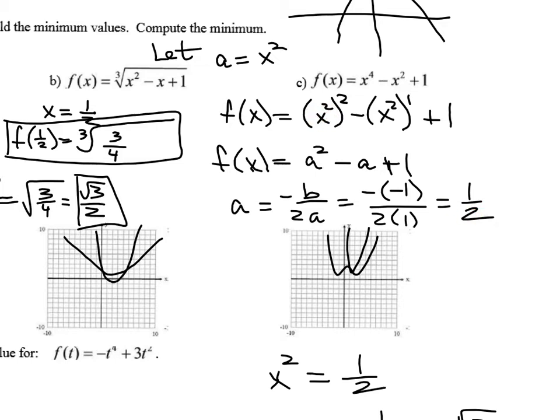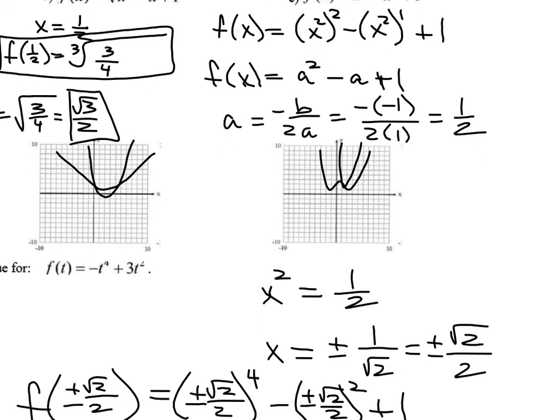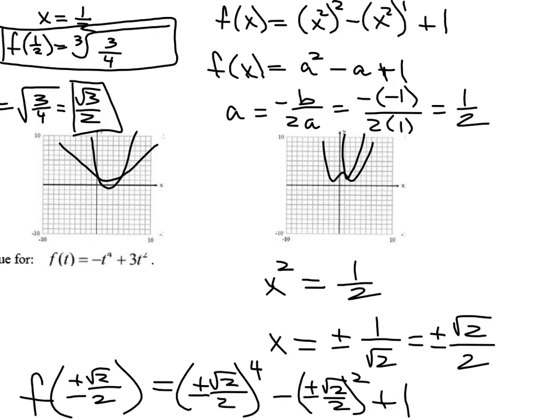But then our variable, remember, is x to the 4th, or like I said, we substitute a in for here, a equals 1/2. Well, then we have to set x squared equal to 1/2, because if a is equal to x squared and a equals 1/2, then x squared equals 1/2.